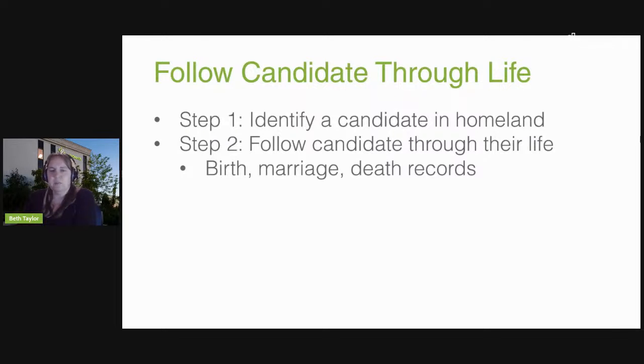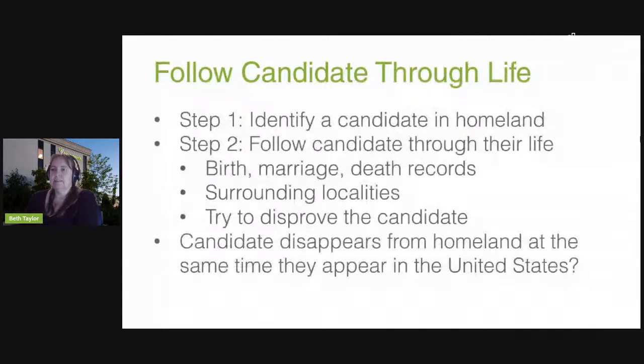So follow them to the end of their life. Look at birth, marriage, and death records. Look at records in surrounding localities. Because what you want to do is verify that this person actually disappears from their homeland about the same time that they appear in the United States. Because if you think this is your ancestor, then you go forward and you find him getting married and having 7 children, that's clearly not your ancestor. So you need to continue searching.